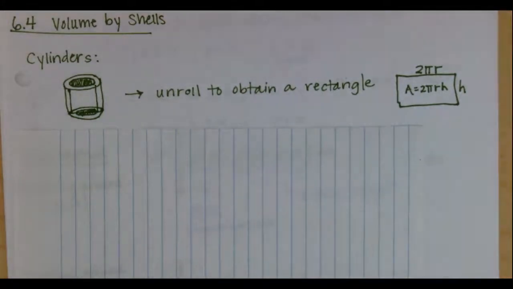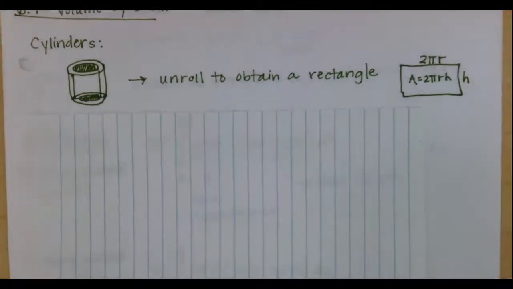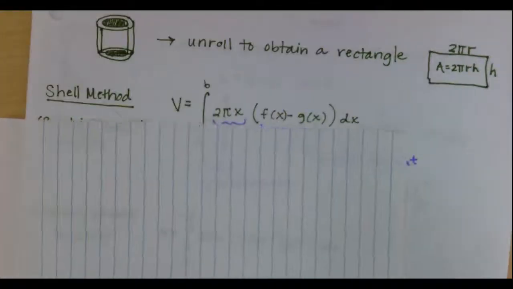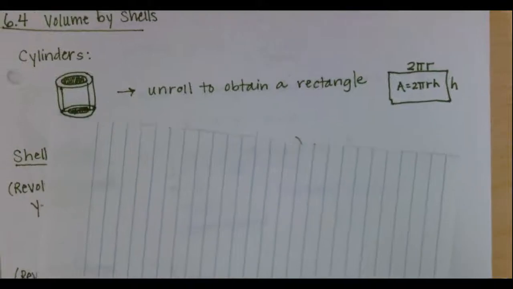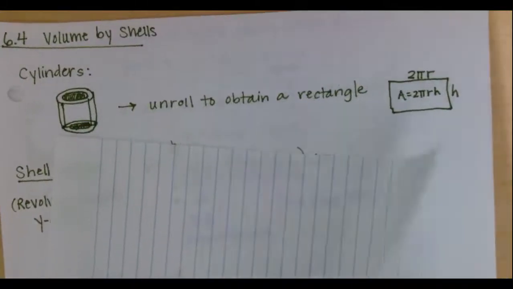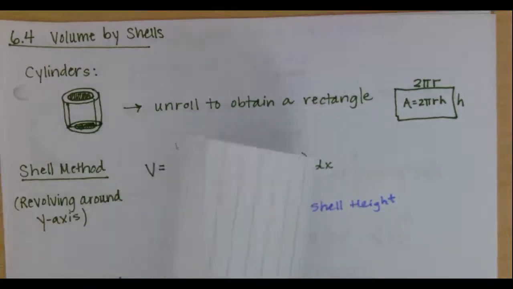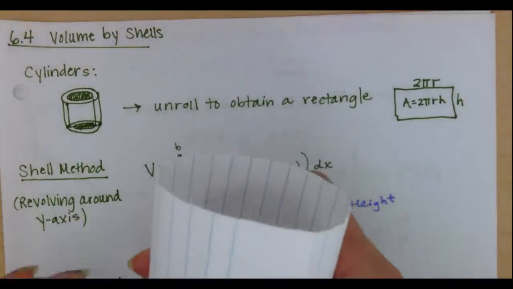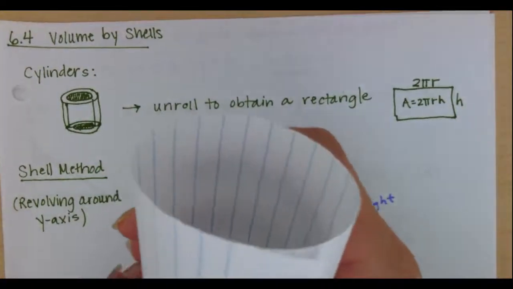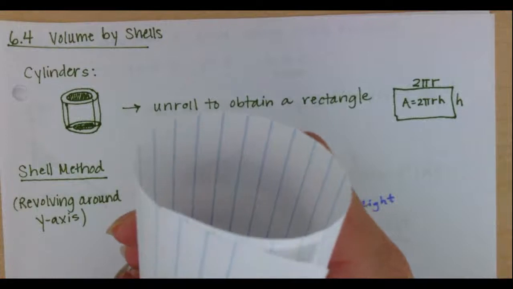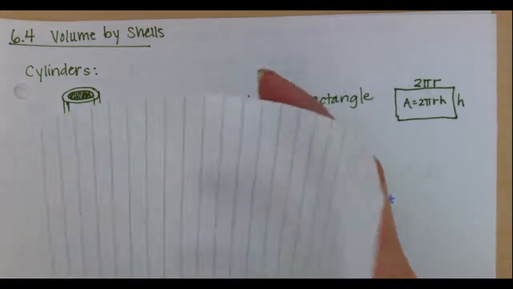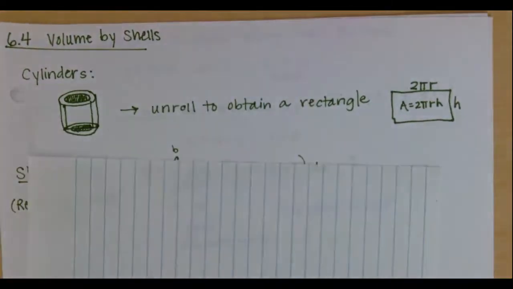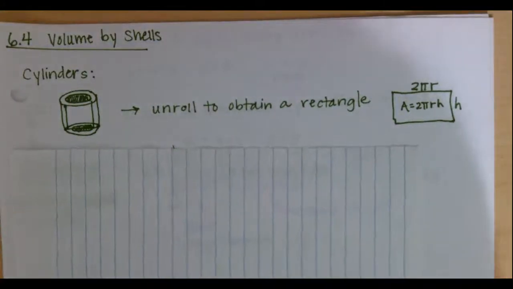I have a sheet of paper here, and this sheet of paper can form a hollow cylinder. It's covering up my formulas until I'm ready to use them. We can create a hollow cylinder by rolling up this sheet of paper. But when I unroll a hollow cylinder, I end up with this rectangular shaped region.